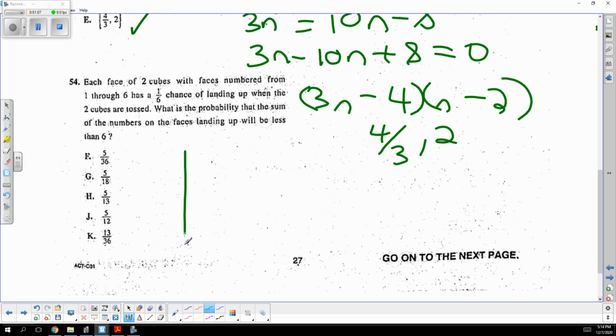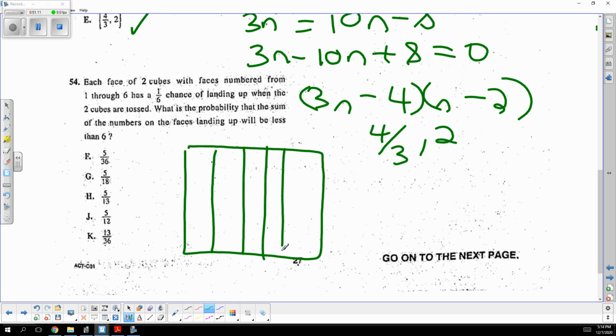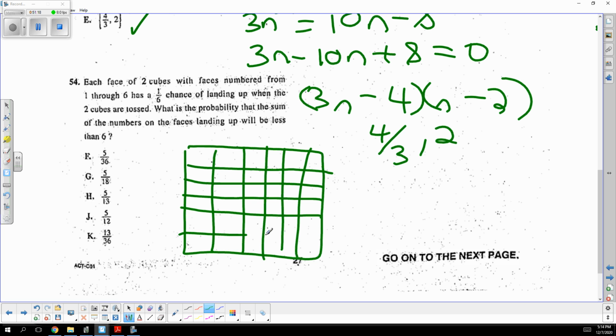What you got to do there is a combo of all the numbers: 1 and 1, 2 and 1, 3 and 1, 4 and 1, 5 and 1, 6 and 1. And then what it does is it gives you 1 is 2, 3, 4, 5, 6, 7.